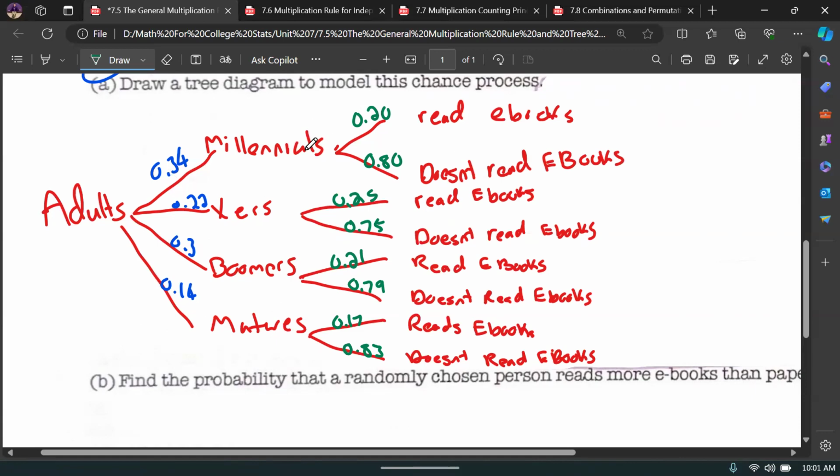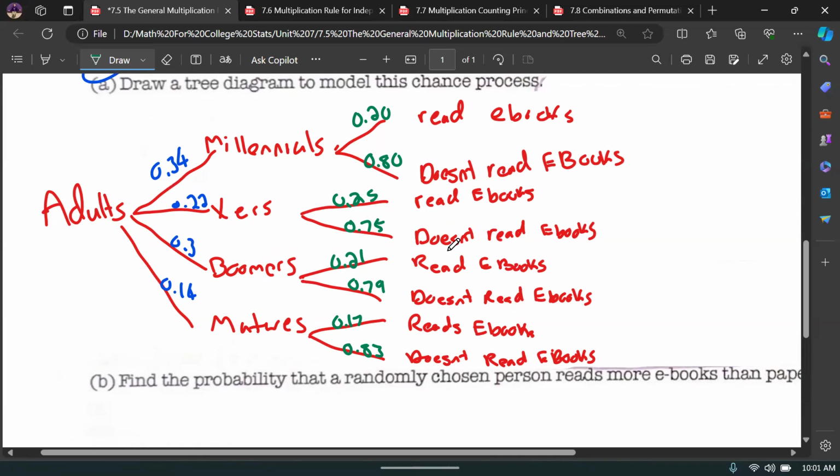So two layers: the breakdown of generations in the country, and then the breakdown per generation of who reads ebooks and not. Does that make sense? That is your tree diagram.